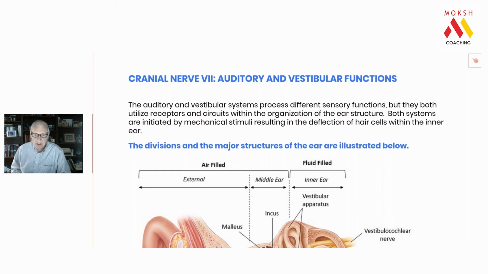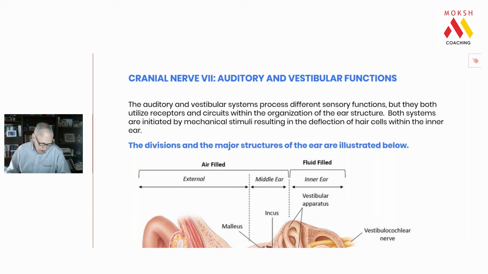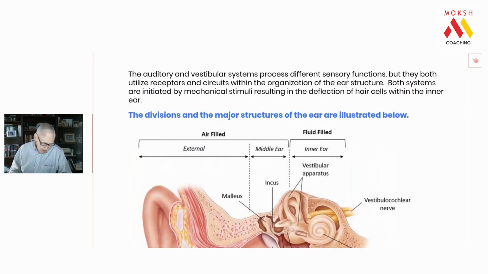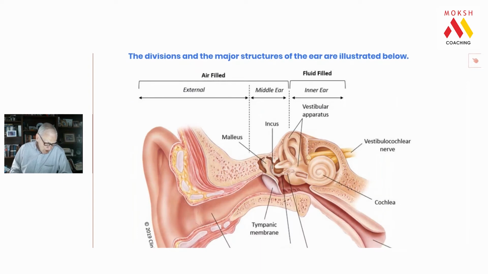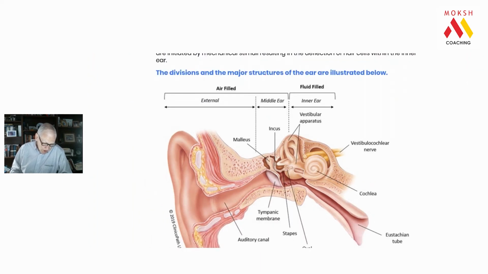And this is just another one of those endpoint pieces of information that we want to complete the brainstem discussion with. Okay, now when you're dealing with the eighth nerve, and of course its multiple functions, you're going to be dealing with the structure and the circuitry related to the ear structure.